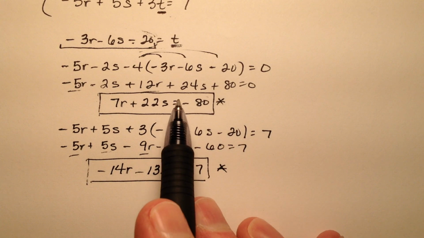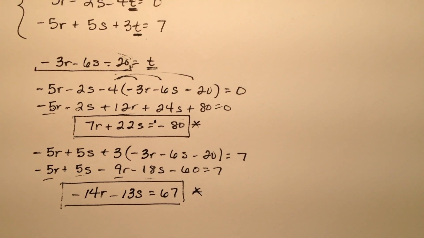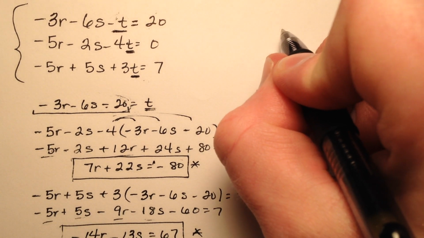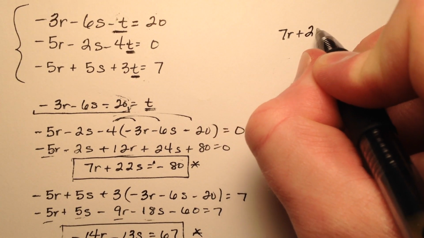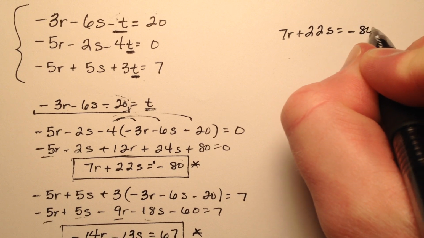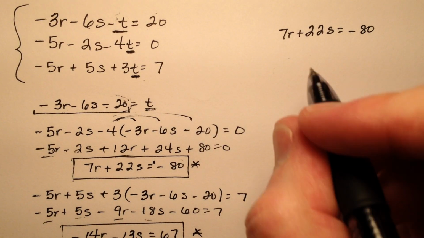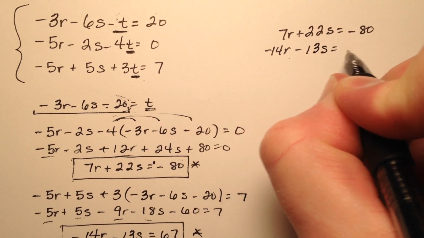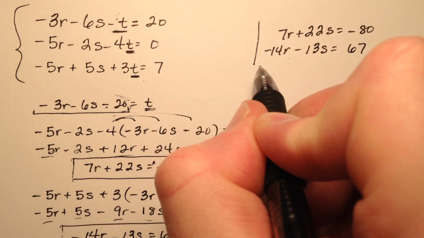I'm going to keep these handy. I'm going to rewrite them up over here where I've got a little more room. So I'm going to have 7r plus 22s equals negative 80, and negative 14r minus 13s equals 67.